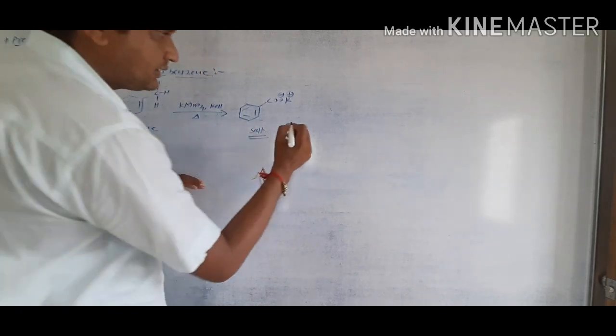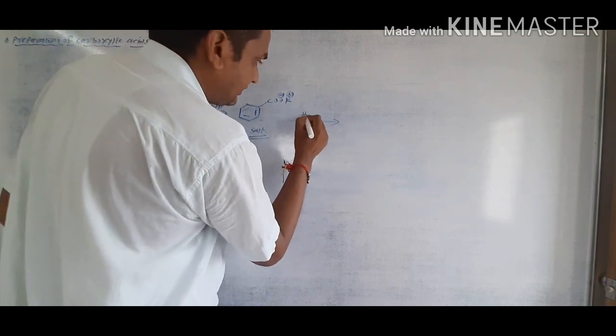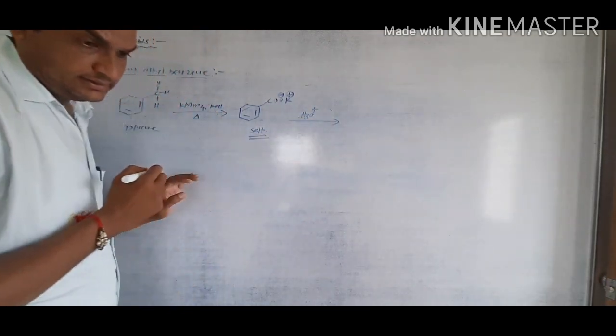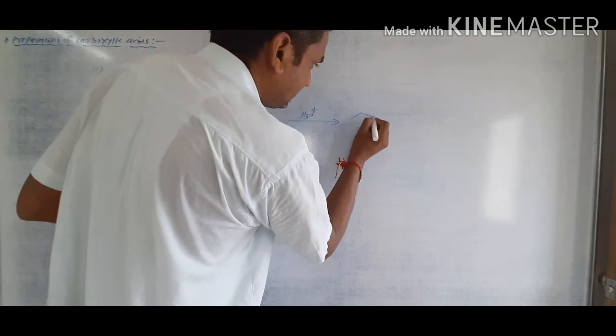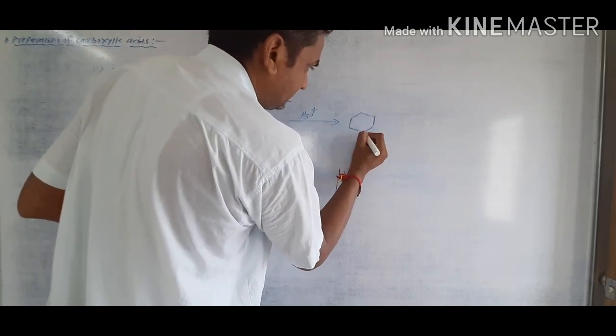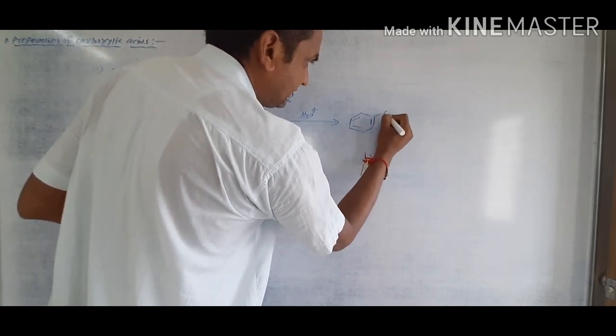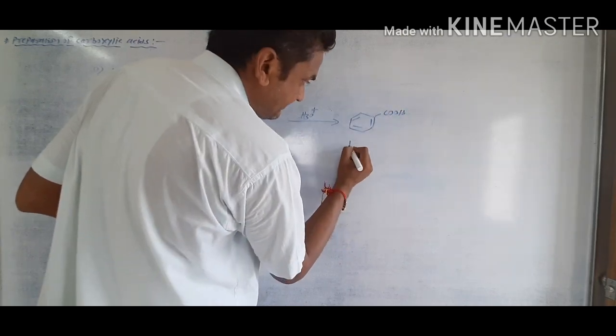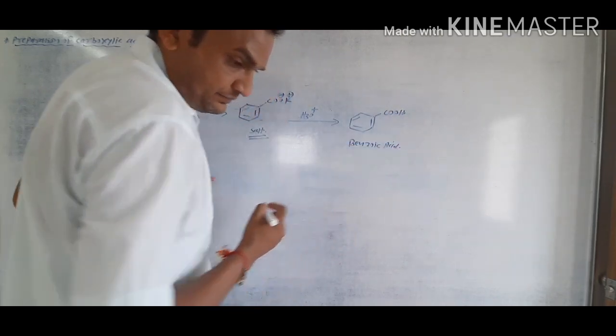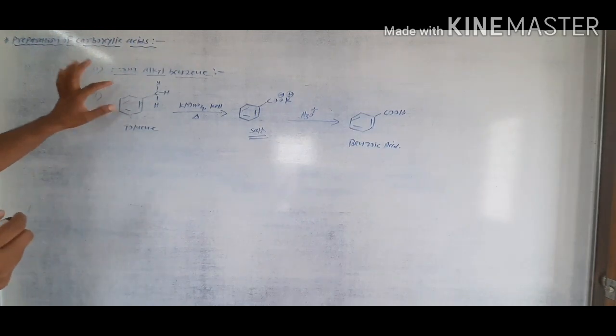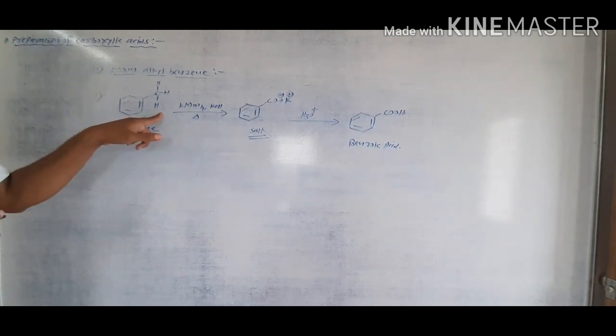And this potassium salt goes to acid hydrolysis. The further step is the acid hydrolysis, then gives the benzoic acid. Here the aromatic ring contains the primary alkyl group.